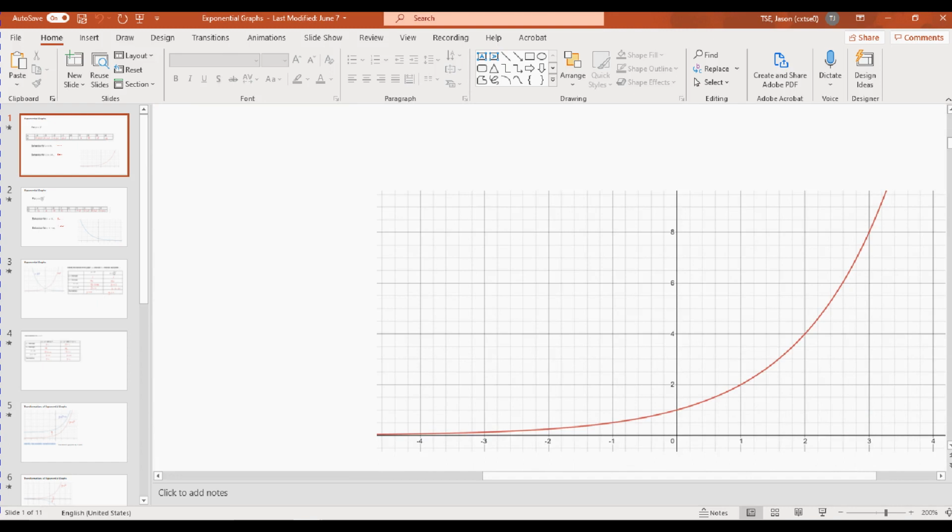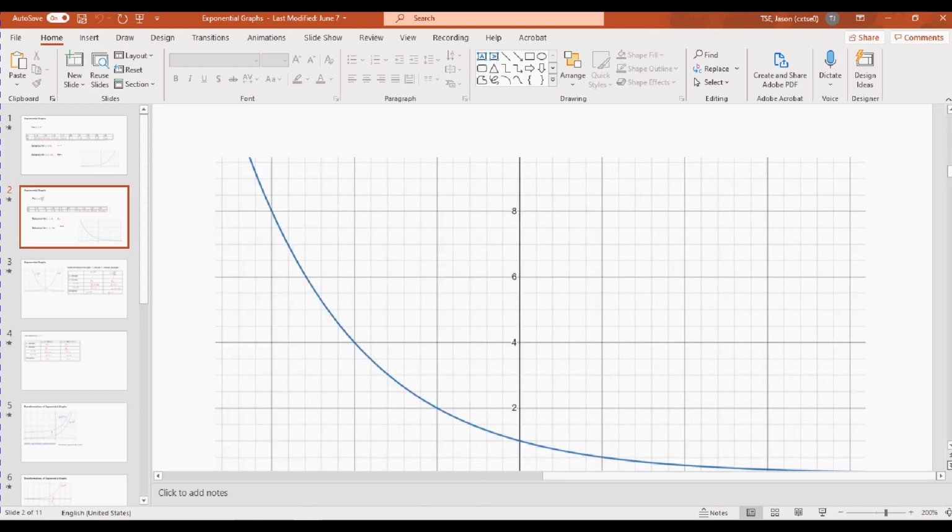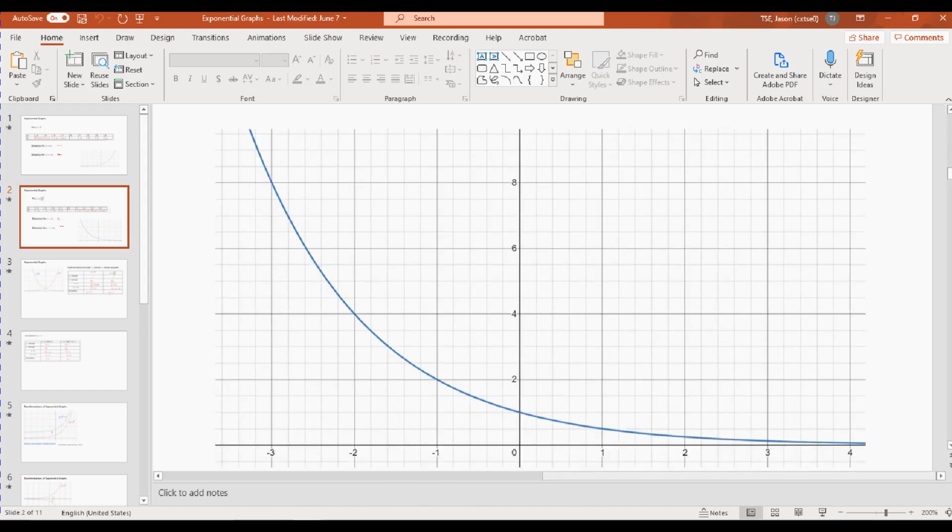So for all the exponential graph, they will have what we call a horizontal asymptote. That's what the graph will approach. In this case, it's the x-axis. Sometimes you approach it when the x value becomes very, very negative, sometimes when the x value is very, very positive.